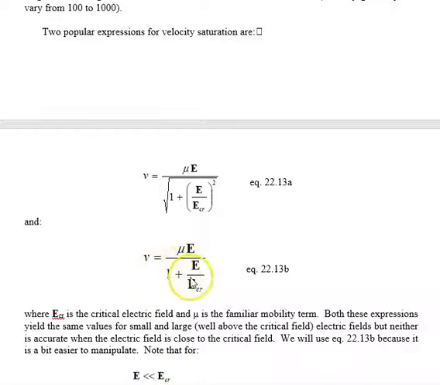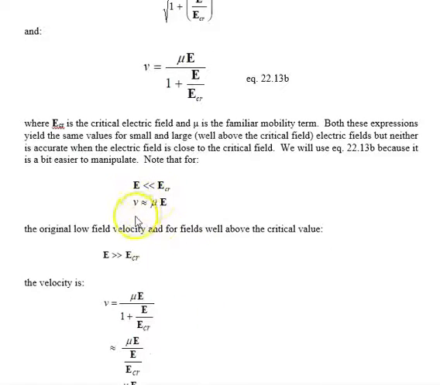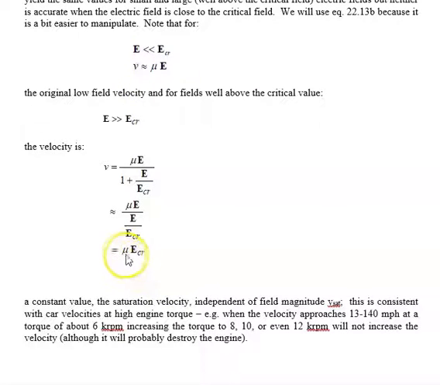For electric fields much greater than the critical value, the 1 goes away, and then we divide through, and we get the velocity is proportional to mu times E critical, which is to say it's constant, because E critical is constant, and mu is simply a parameter. So for low electric fields, we get back our original proportionality. For high electric fields, we get a constant value of velocity.